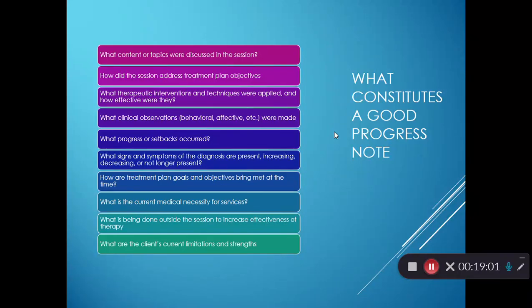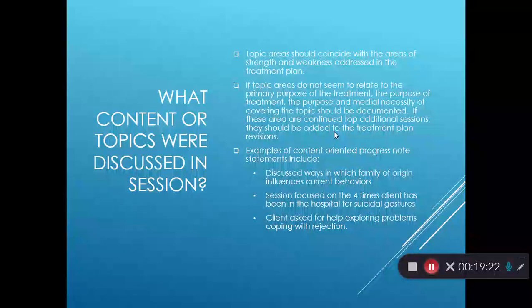So you want to establish something that says there's still a necessity for me to bill and somebody to pay for this. You also want to address things like their limitations and their strengths, because that's what we can build upon, or know that the person still needs to continue to grow in.